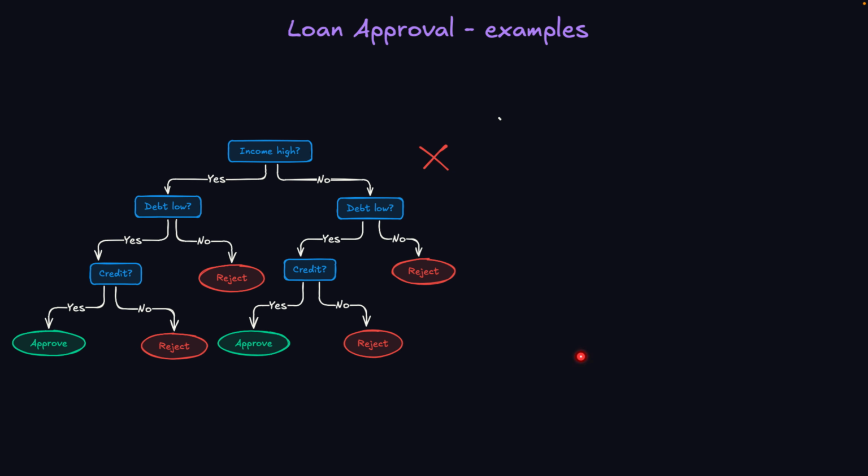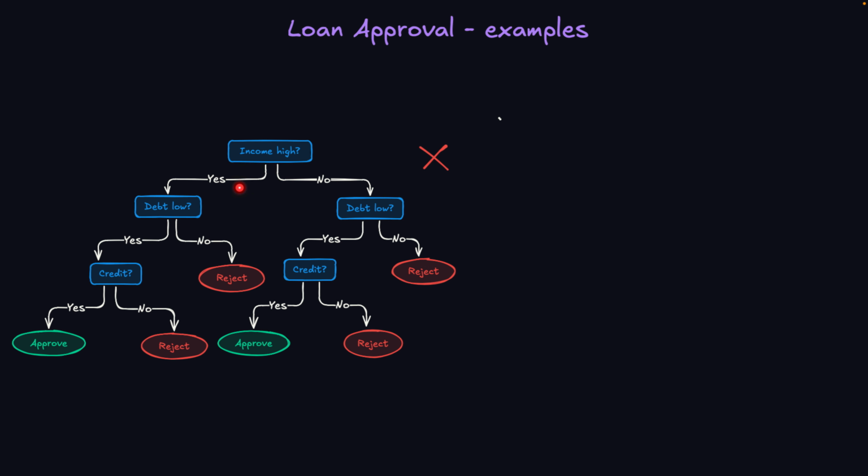So first we are going to look at a bad example. Both of these examples are for loan application approval. So we will check some factors and we will decide whether the loan application should be approved or rejected. In this bad example, the first question that we are asking is whether the person who is applying has high income or not.